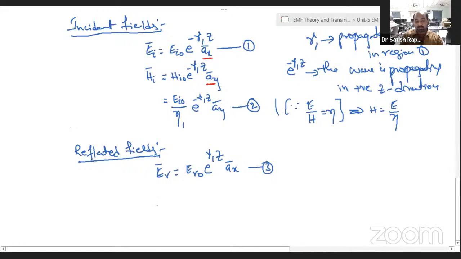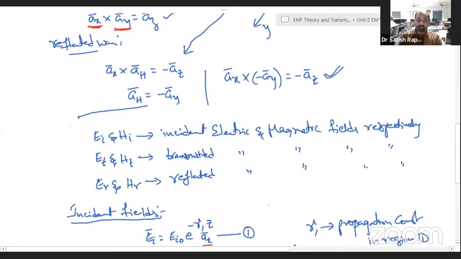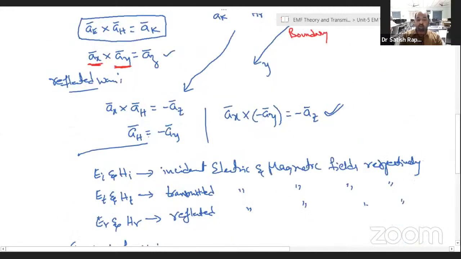And similarly, what is the magnetic field component? Hr bar is equal to Hr naught e power gamma 1 z, minus Ay bar. Here we have seen that when the wave changes its direction, the magnetic field direction also changes.